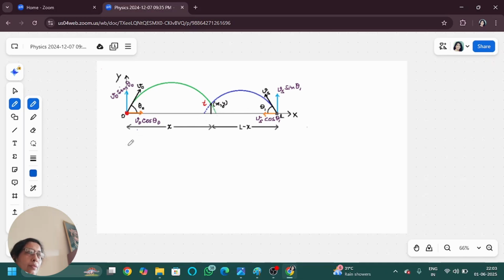Now for the ball, x will be given by v0 cos theta 0 into t, suppose it is the first equation we get, and y coordinate will be equal to, initial y direction velocity is v0 sine theta 0, so v0 sine theta 0 t minus half g t square.